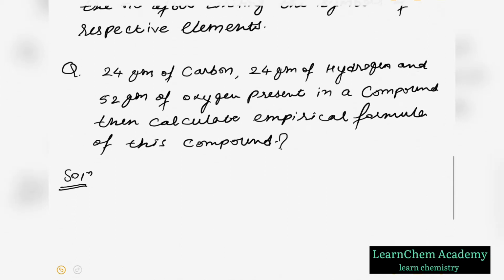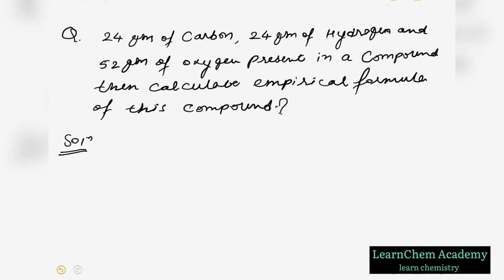Okay, so in a compound there is 24 gram carbon, 24 gram of hydrogen and 52 gram of oxygen present.